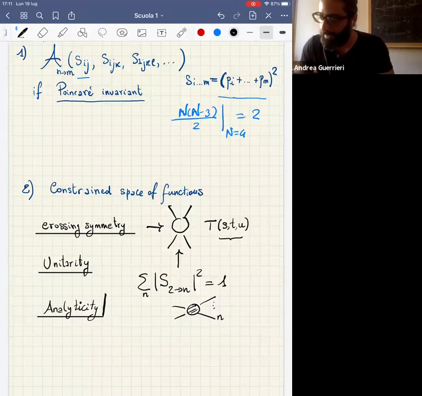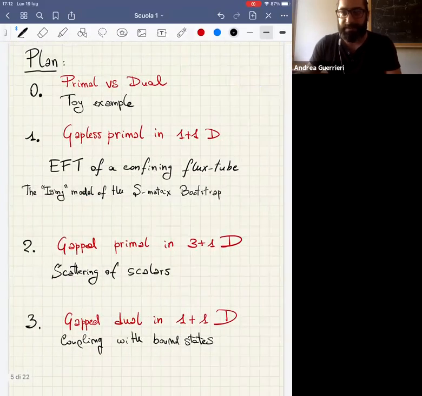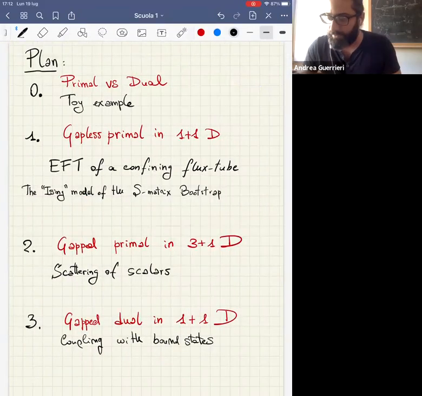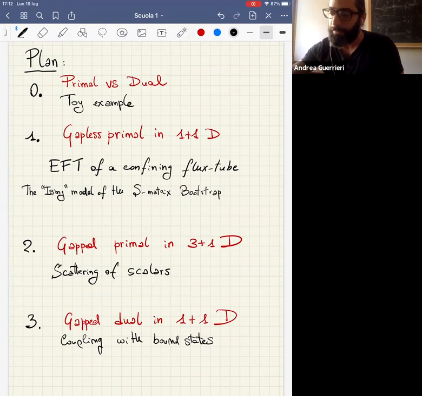Okay, so let me go to the plan of these lectures in more detail. This is what we are going to study: the space of scattering amplitudes. First of all, since I'm going to talk a lot about primal and dual, I want to discuss a toy example that shows the difference between primal and dual.